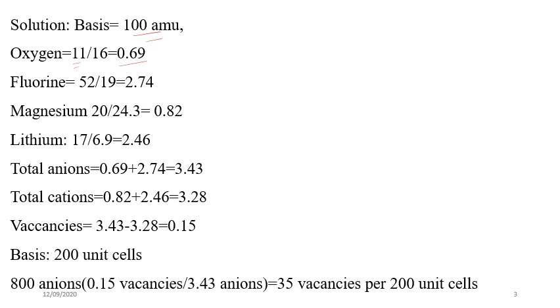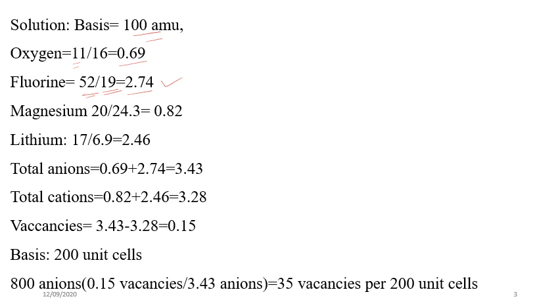Similarly, for fluorine, 52% is present, so on the basis of 100 AMU that will be 52 AMU, and 52 divided by 19, the atomic mass of fluorine, gives 2.74. This many fluorine ions are there.